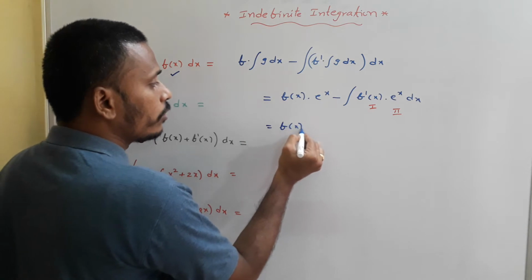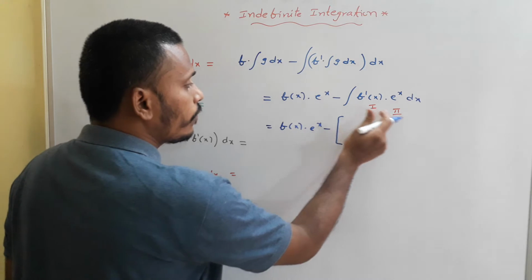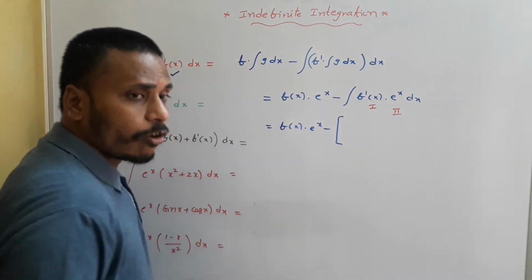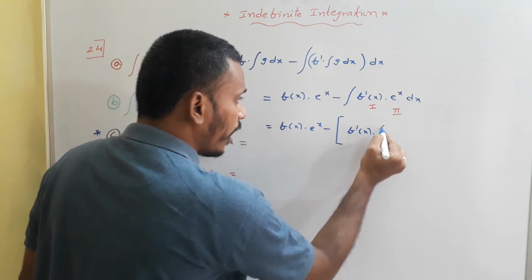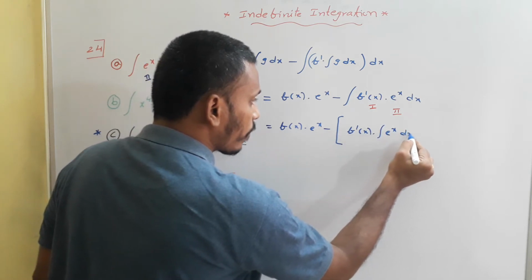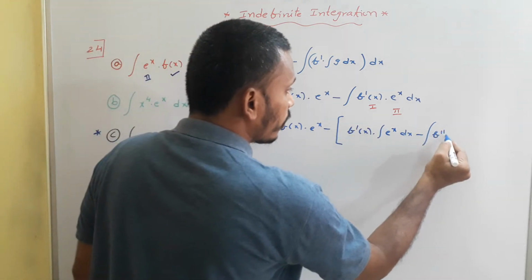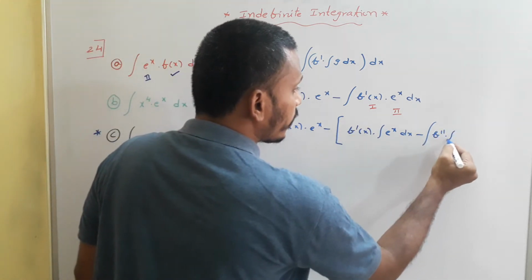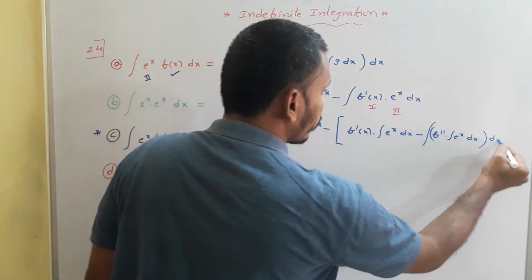So f(x) e^x minus the integral of this product: first function f'(x) times integral of second function, minus integral of the derivative of the first function times integral of second function, whole dx.